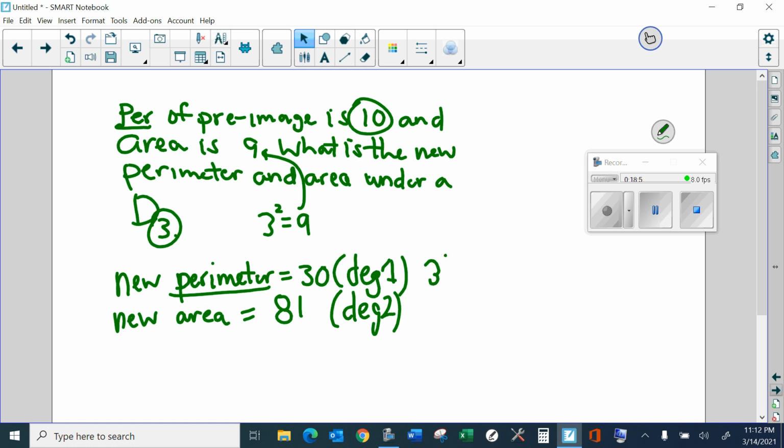So this is 3 to the first, which is still 3. So that's why it's just 3 times 10. This is area, so 3 squared, 9. And if it was volume, it'd be 3 cubed, which is 27. And 27 times 9 would be the answer for the new volume, if the volume was 9 to begin with. Say if they said the volume was 10, then it'd be 27 times 10, 270.